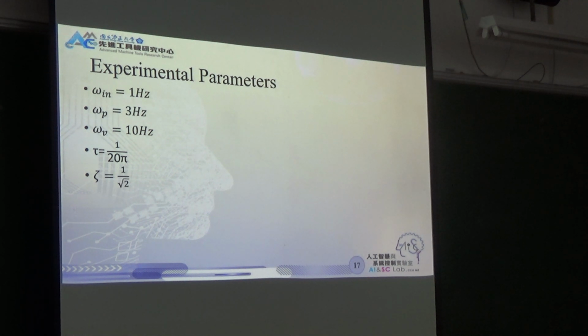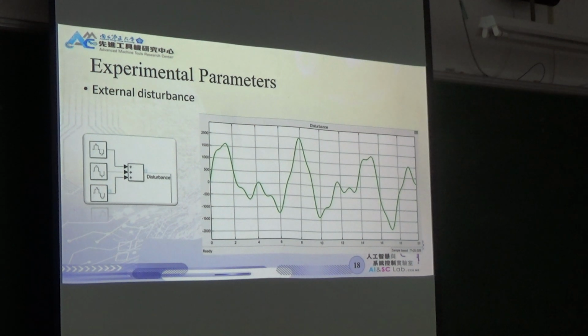Now the tau is 1/20π, and zeta is 1 over the square root of 2. And this is the disturbance. I use a low frequency for the disturbance for this experiment.